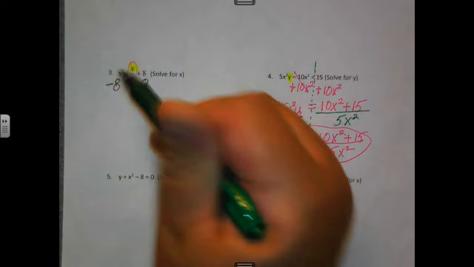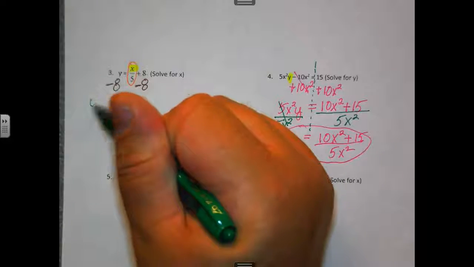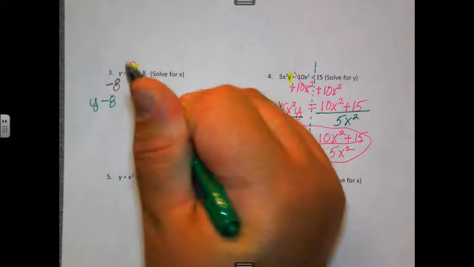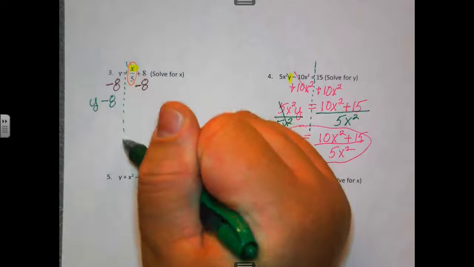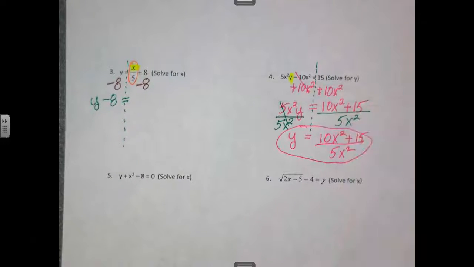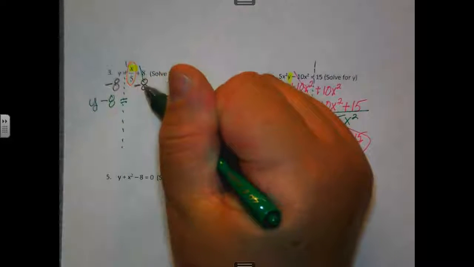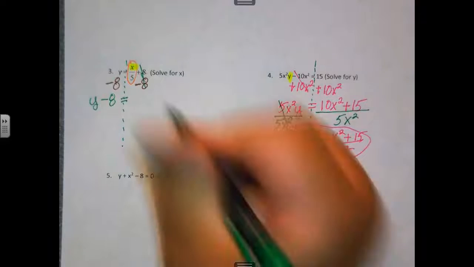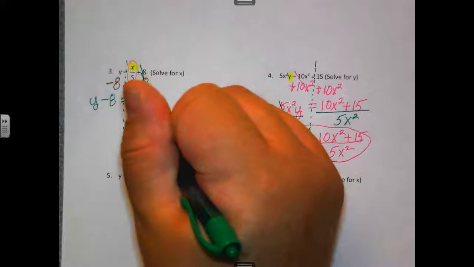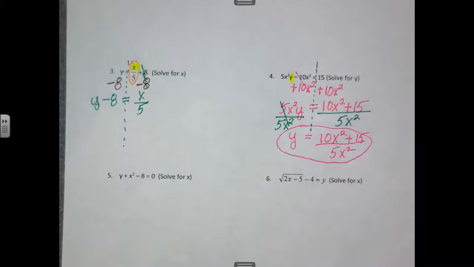So I've got y minus 8. And if you're having trouble still with doing it to both sides of the equation, these add up to 0. I don't need to bring the 0 down, but I do need to bring the x over 5, right?